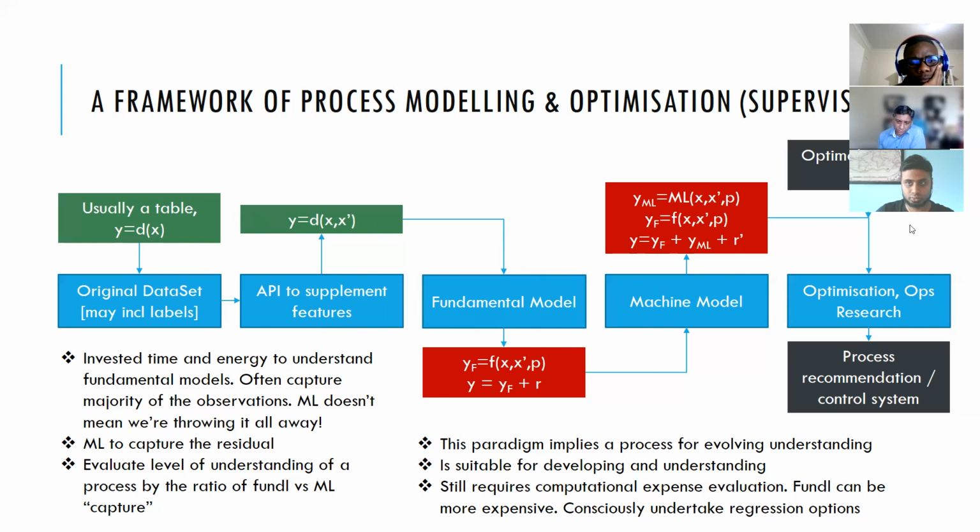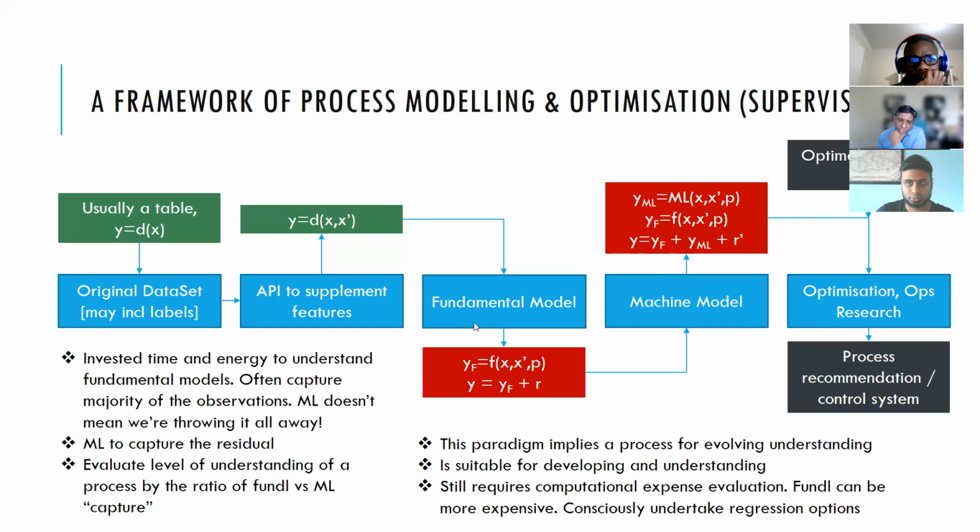So if you are using a framework like this, maybe you start with just jumping straight to the machine learning model. And then while you are doing machine learning, you notice, well, it's not surprising, I do see an exponential relationship between my rate of reaction and my temperature. So then you realize, yes, it does fit an Arrhenius relationship.